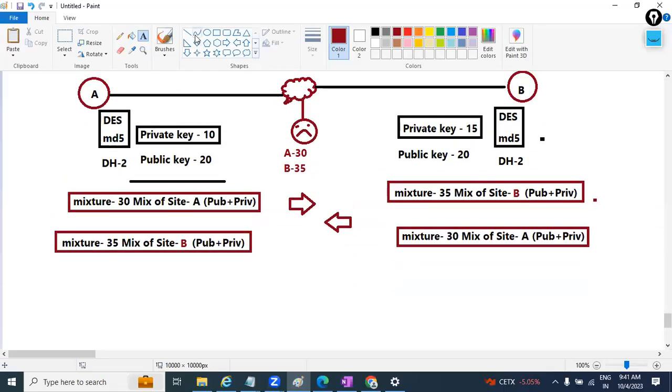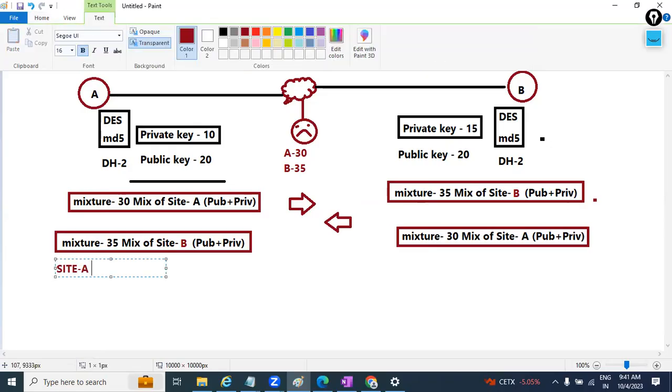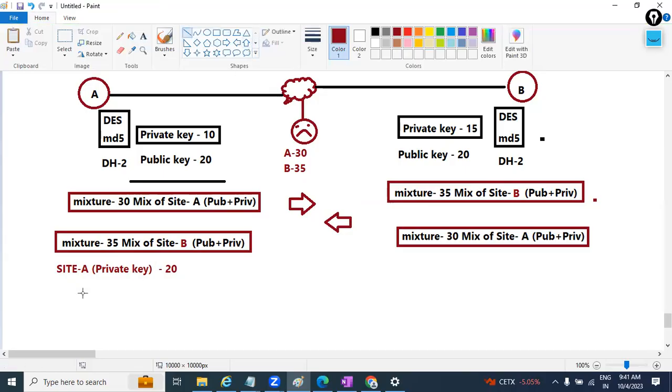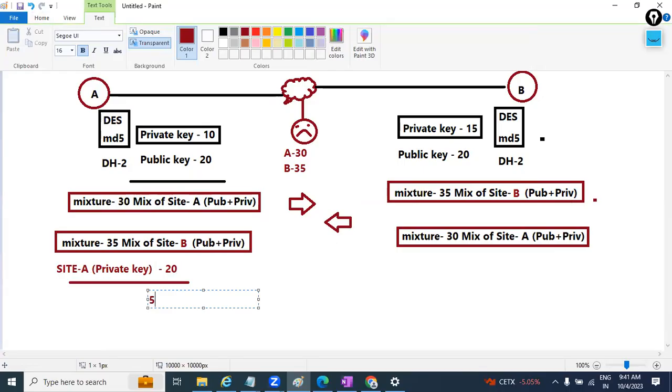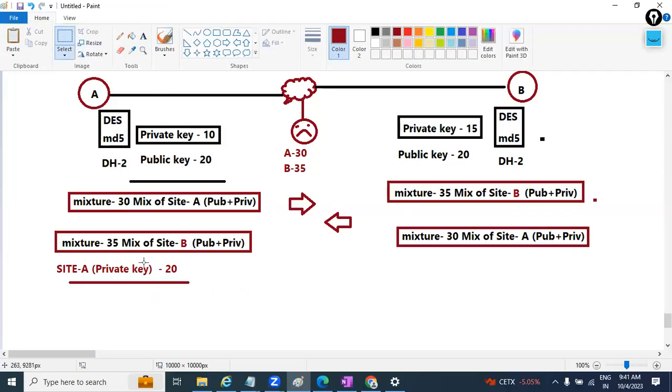What happened now? In this mixture, side A would add its private key. What is the private key of side A? Private key is 10, sorry.